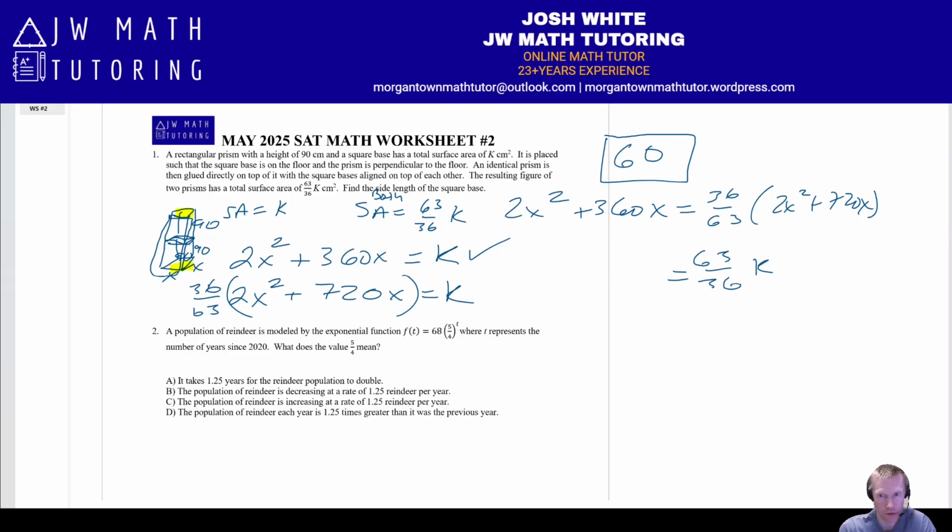You could also say that the total surface area of two prisms stacked together is 2 times k, because k is the surface area for one plus k for the other, and then you subtract the area of the two inner bases right here that we don't count. And the area of those two bases, the bottom of the top prism and the top of the bottom prism, is minus 2x squared.